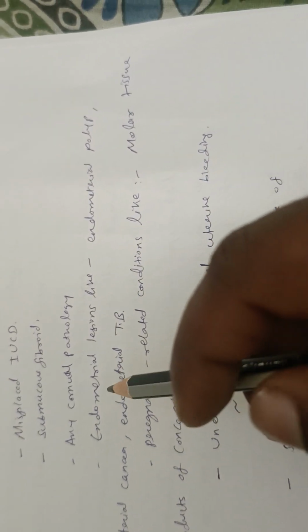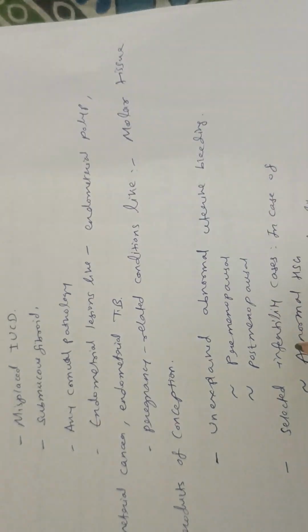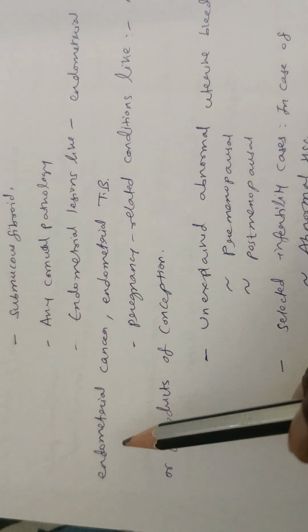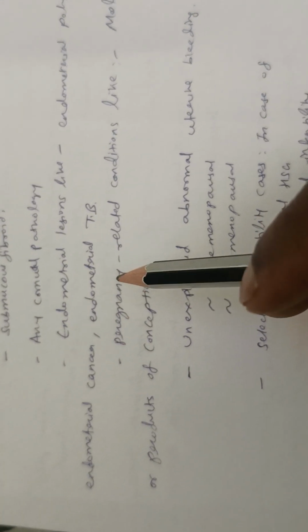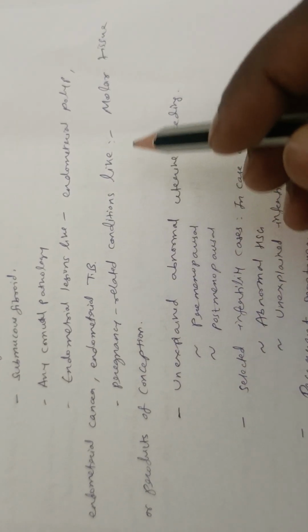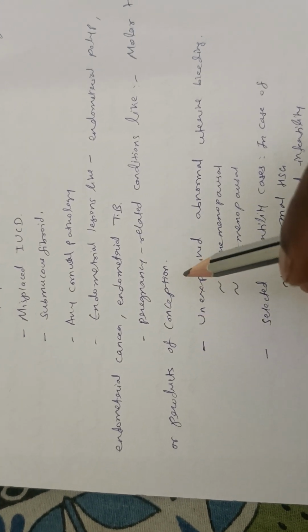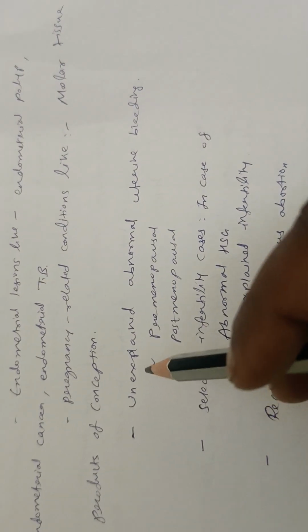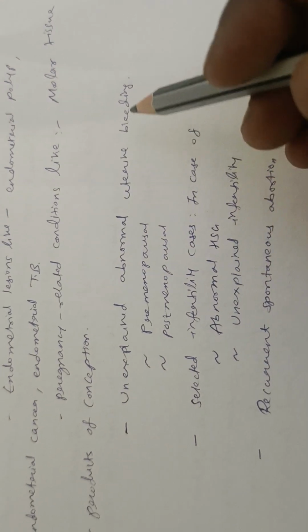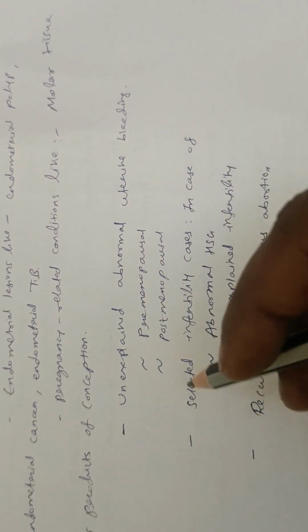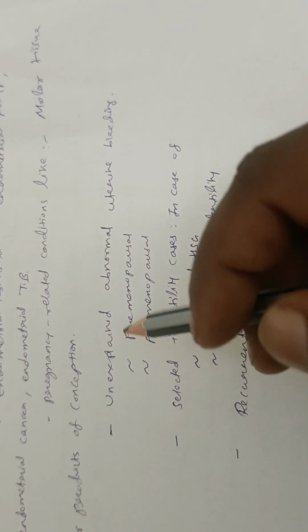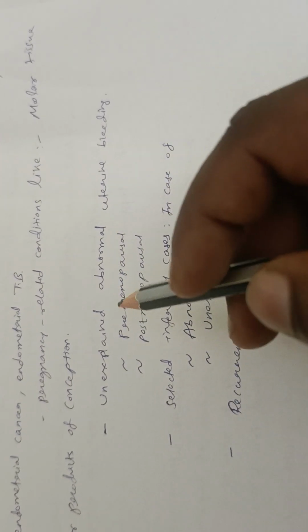Endometrial lesions like endometrial polyp, endometrial cancer, endometrial TB, pregnancy related conditions like molar pregnancy or products of conception, unexplained abnormal uterine bleeding, that may be premenopausal, postmenopausal.